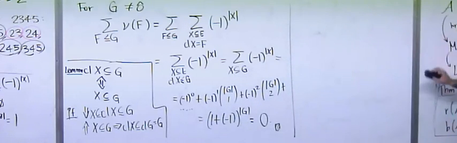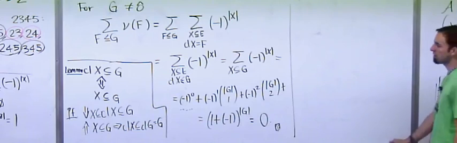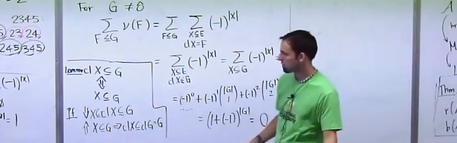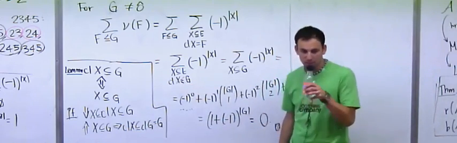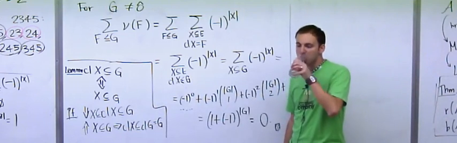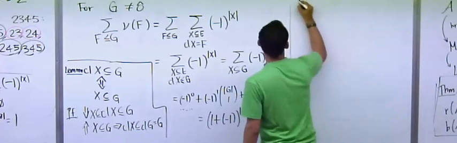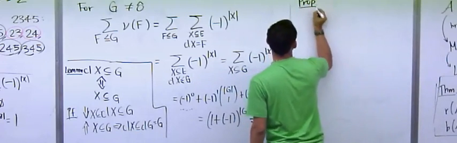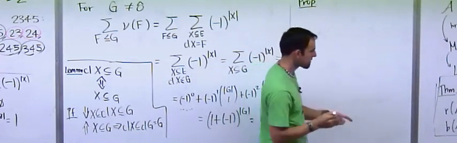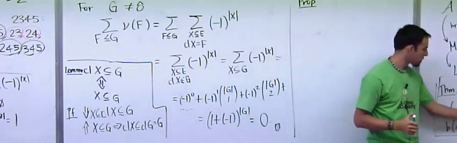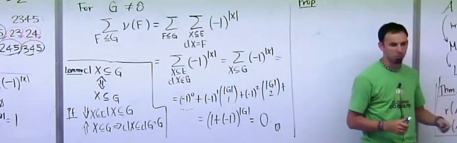So now I have a formula for the Moebius function of a lattice of flats of a matroid. And the point is that now that's going to give me another formula for the characteristic polynomial.